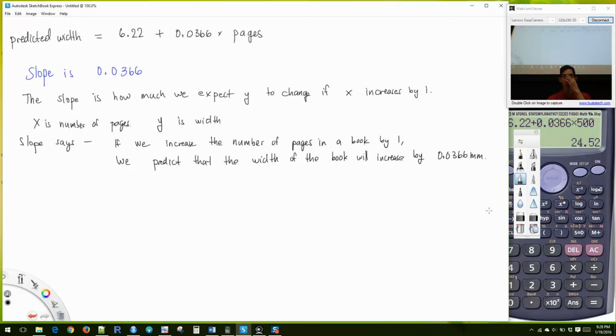That's what we're saying, okay? Which makes sense because each page is very, very thin. So the small slope basically says each page is very thin.